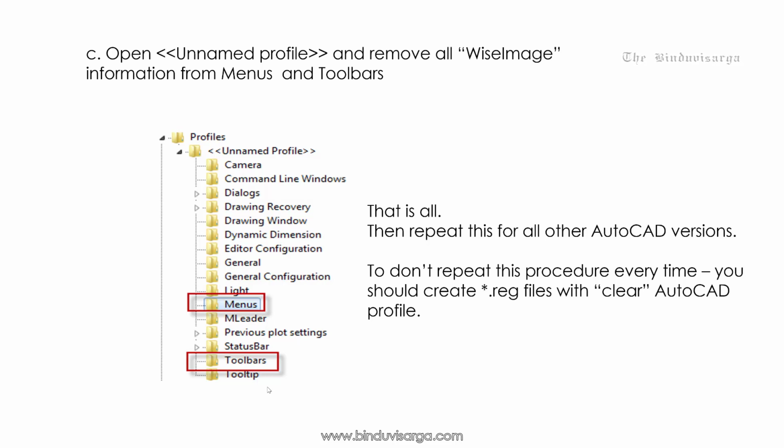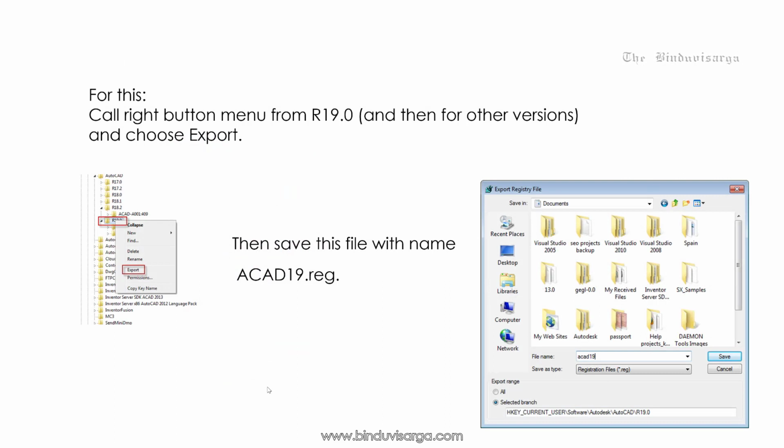To not repeat this procedure every time, you should create .reg files with clear AutoCAD profiles. That will save a lot of time, and you can run the registry files and the profiles will be removed automatically.